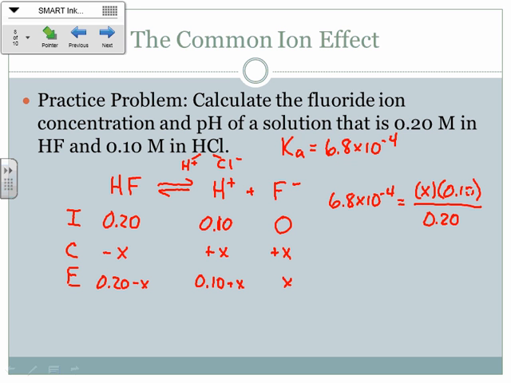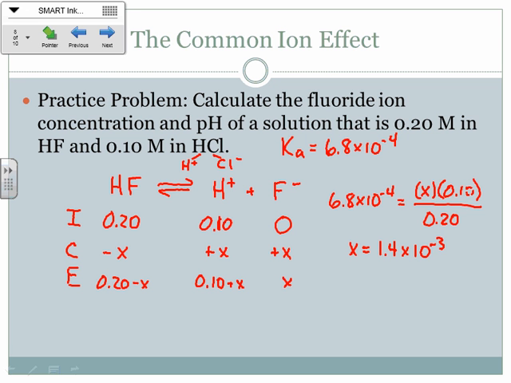Okay, and if I work all that out and solve for x, I end up with an x of 1.4 times 10 to the negative third, or 0.0014, however you prefer to write that. Okay, so there's your x.